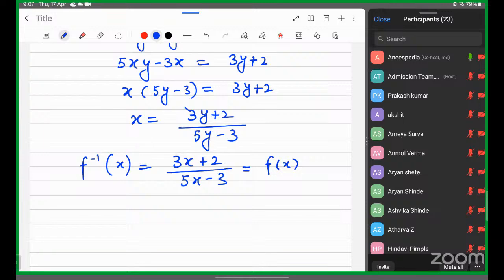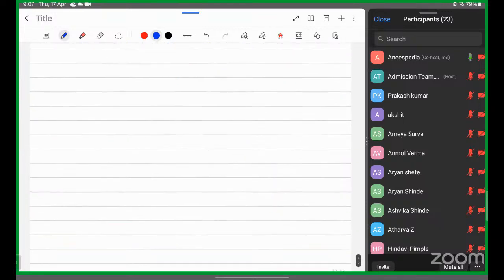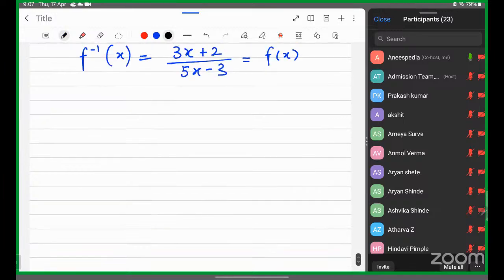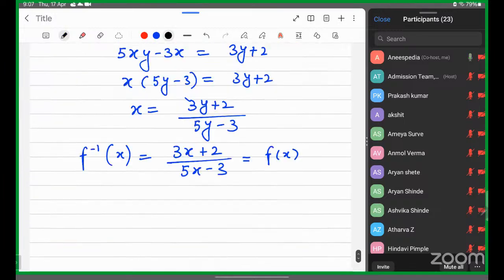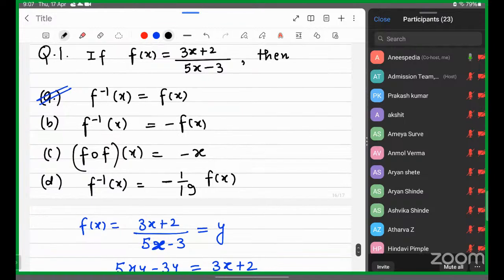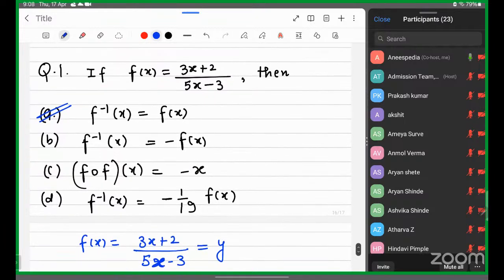Okay. Next part. There may be another way also to proceed. Let's say I want to check whether option A is correct or not. If option A is correct, then the composition of f inverse with f will be the identity function.